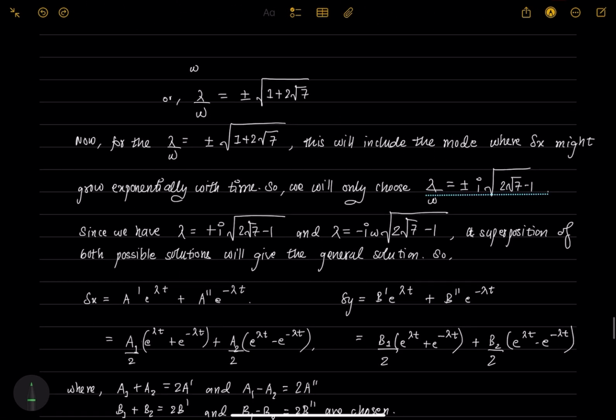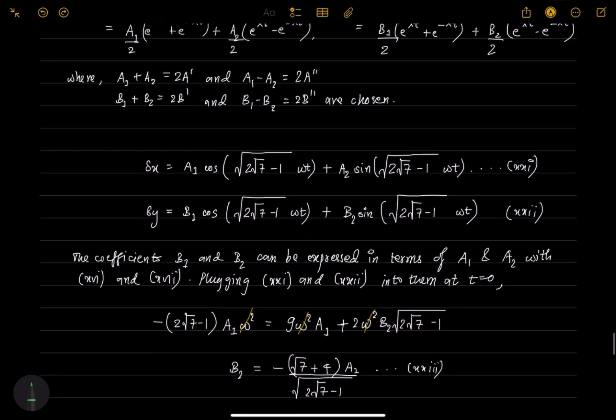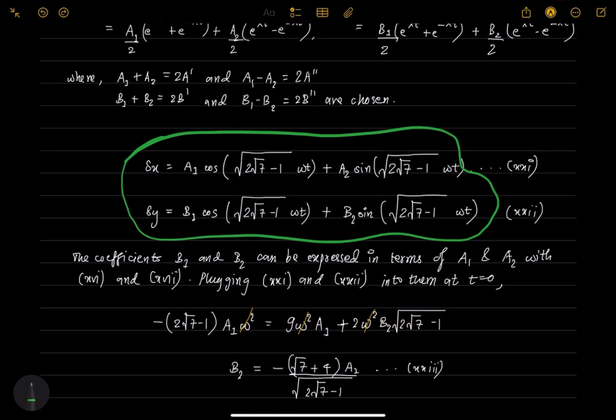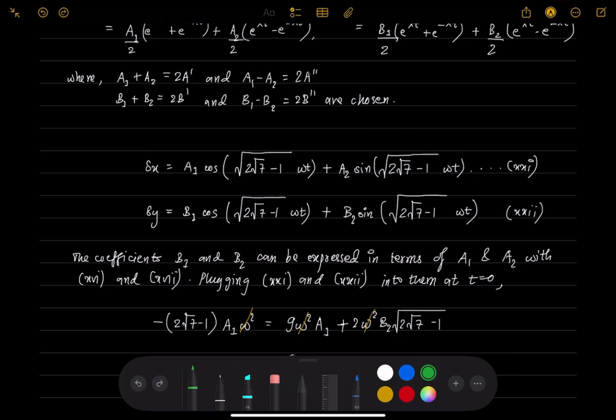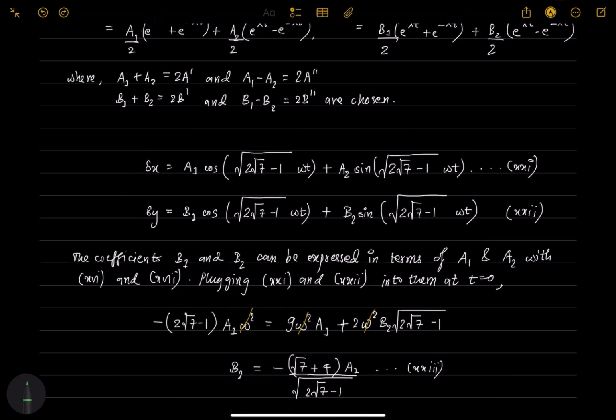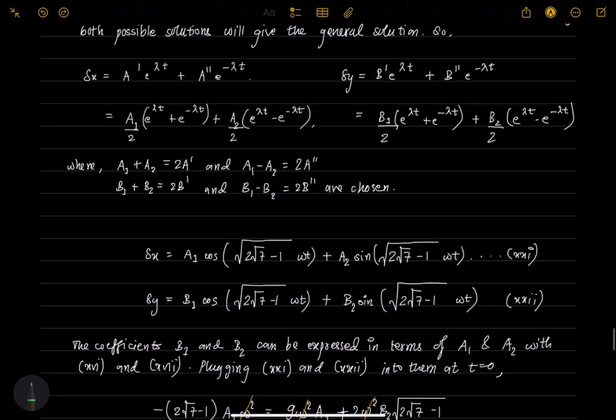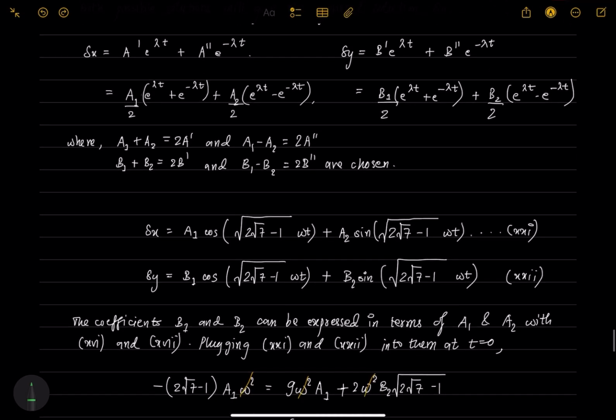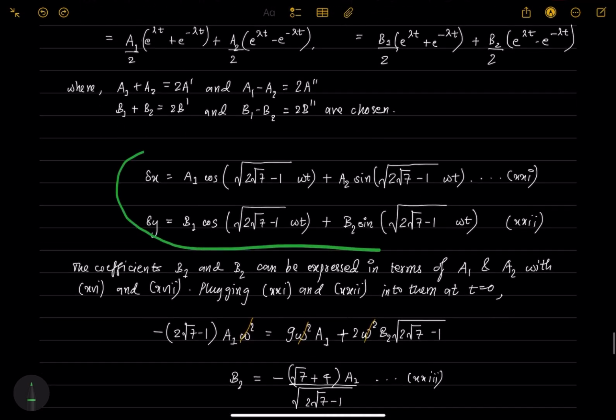So what we did basically is say that delta x and delta y are given by these oscillatory mode solutions. Only oscillatory modes appear, right? As stated in the problem statement itself, the particular solution in which the position deviation grows exponentially does not appear. Only oscillatory modes appear.